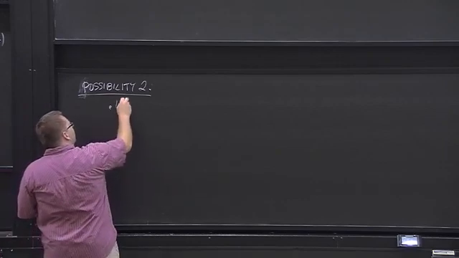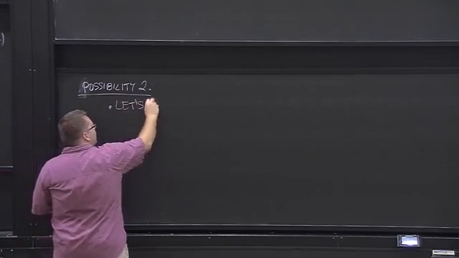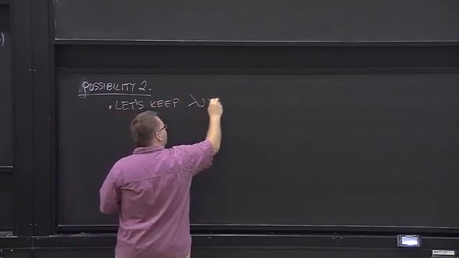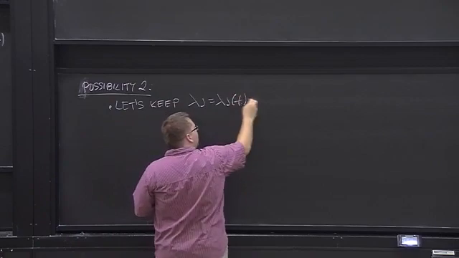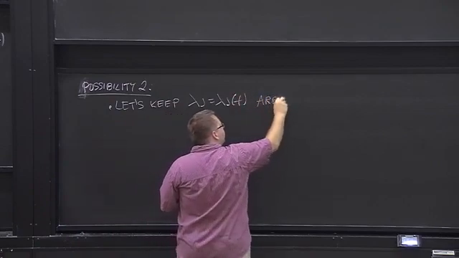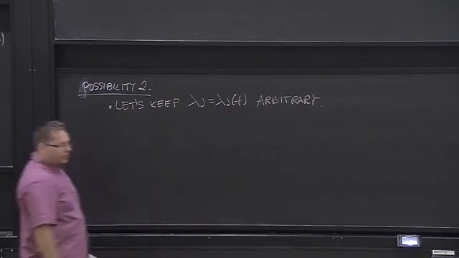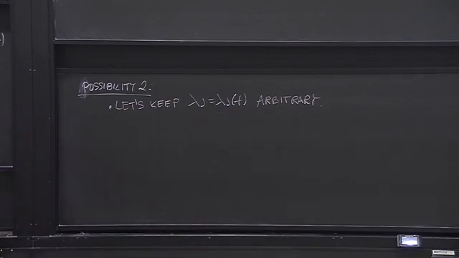Let's keep them arbitrary. Let's keep lambda j, which are a function of time, arbitrary. So I'm not enlarging my phase space. I just keep whatever the description in terms of qi is, and I don't include these lambda j's into that, and treat them as arbitrary functions.